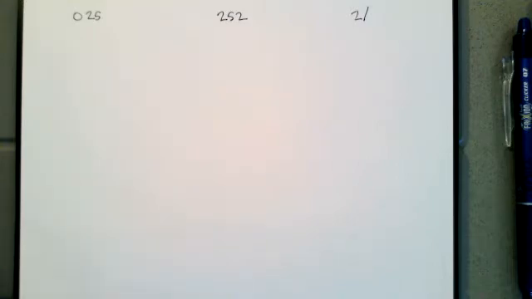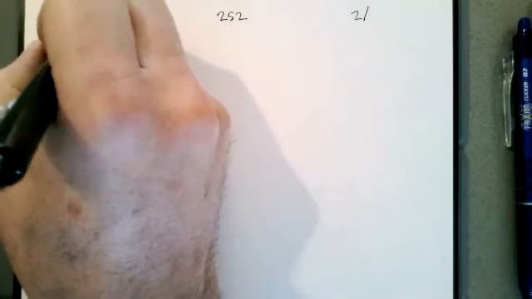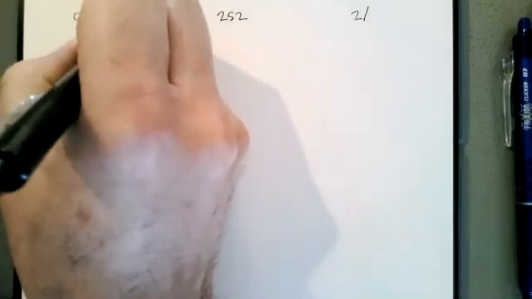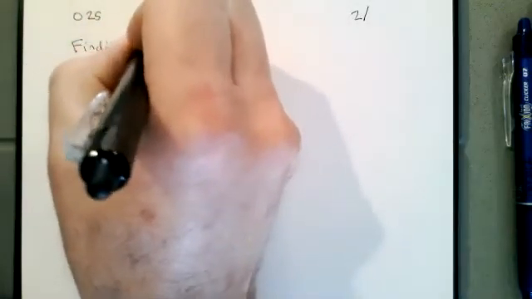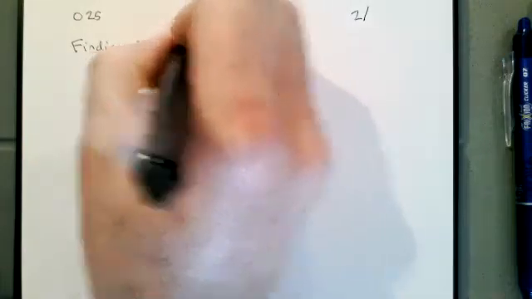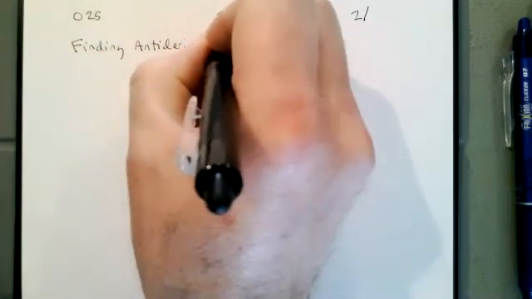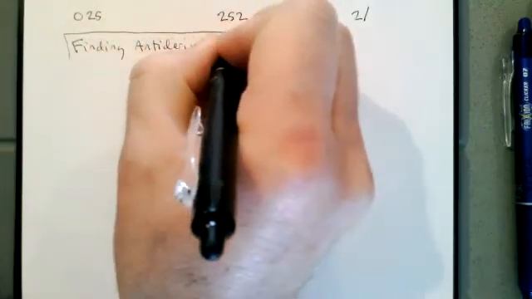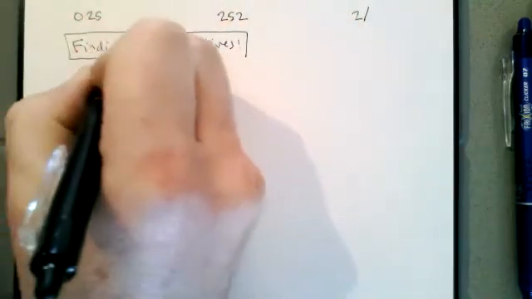All right. What were we talking about? Oh, yeah. So if you would recall, our new business is finding antiderivatives. That's our new game, finding antiderivatives. We're coming at this a little bit out of place.